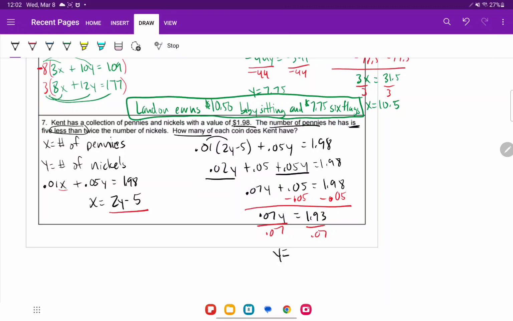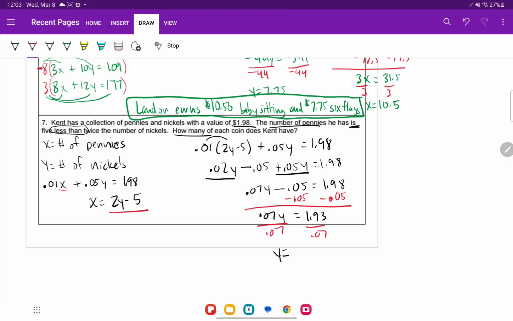So 0.02y and then 0.01 times -5. There we go. So this should be -0.05. And that probably will change everything. Let's go ahead and update that. So small errors like that, just be careful. And then we have 0.05, 1.98. So we combine those. And again, this right here should be a minus sign, not a plus.